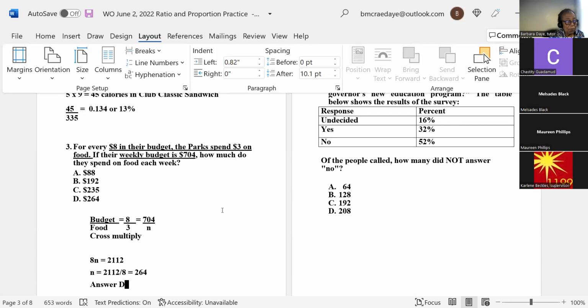Now, look at the $8 in the budget, $3 food. That represents a fraction. What is that fraction? Out of $8, you spent 3. What fraction of your budget of $8 did you spend on food? $8 represents the budget, $3 represents the food. $3 is the part, 8 is the whole.